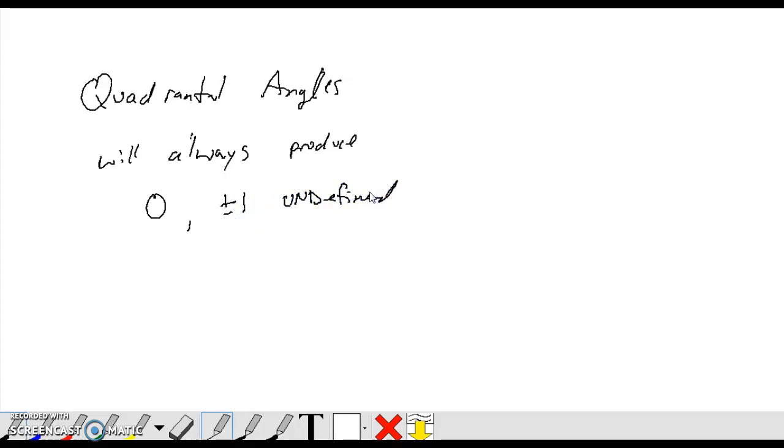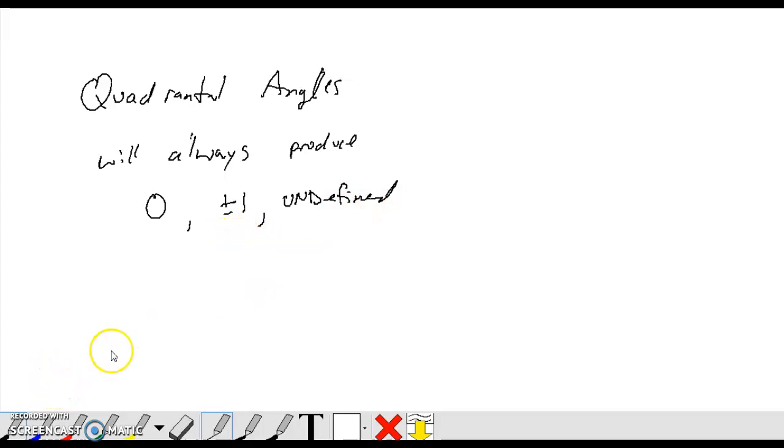Okay, we can try it for anything. We could have tried it for 360. We could have tried it for 0. So try that out. So it'll always be 0, 1, negative 1, or undefined for any of your problems. Okay, and there will always be something that will be undefined.